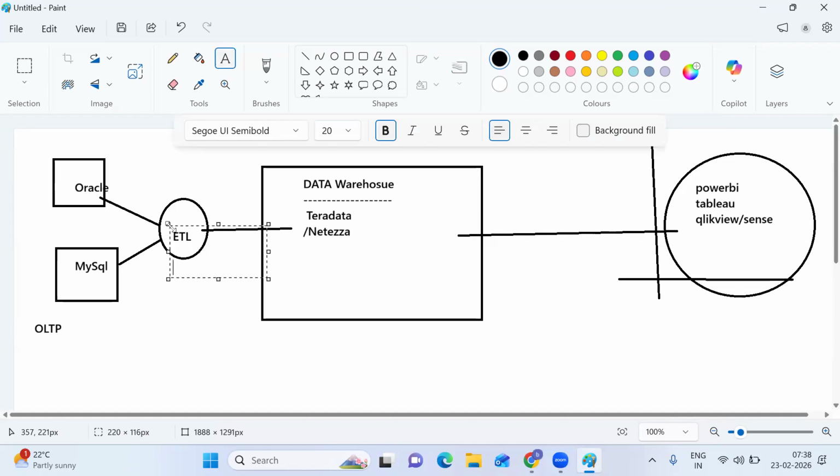The popular ETL systems here are Informatica, DataStage. If it is Microsoft, SSIS, SQL Server Integration Services, such things are used. So this is a traditional BI system.